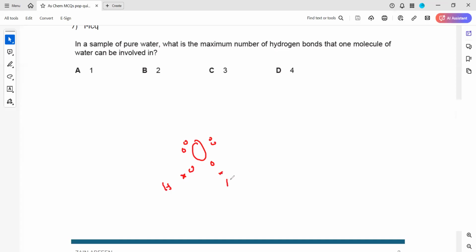Lone pair, bond pair. This is one water molecule. There is another water molecule here, and another water molecule at this point.